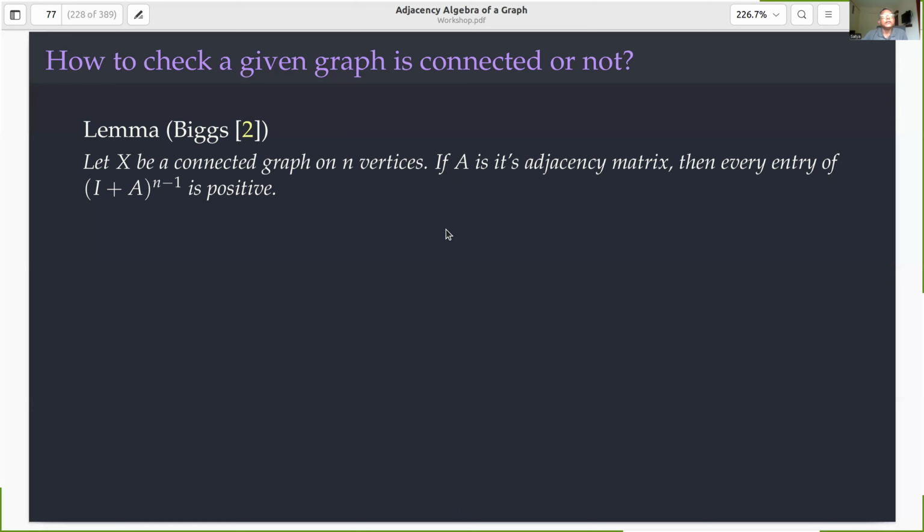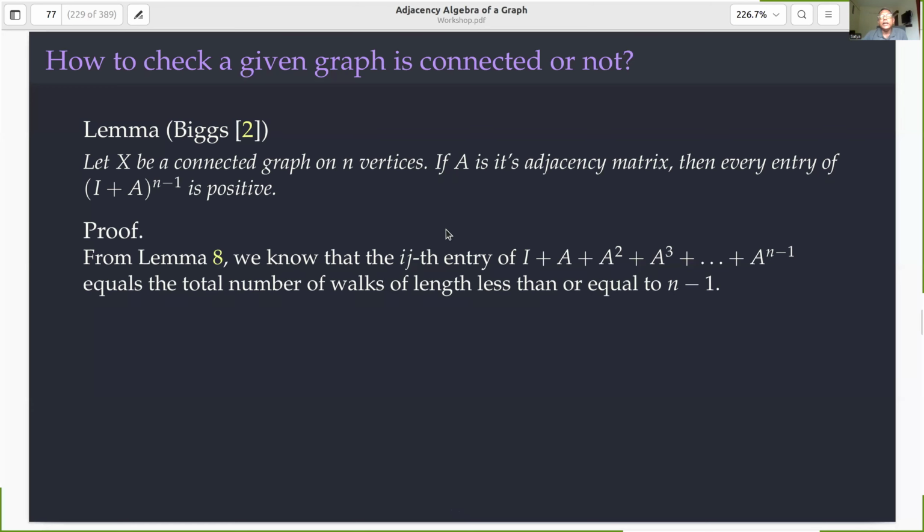What I'm saying is that A squared, A cubed up to A to the power n minus 1 give the total number of walks of length less than or equal to n minus 1. You remember that Rajesh sir used this while proving the bipartite graphs result.